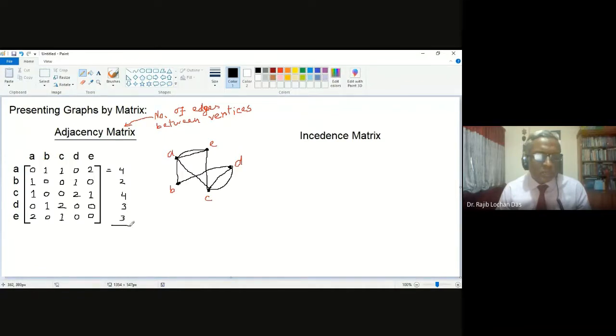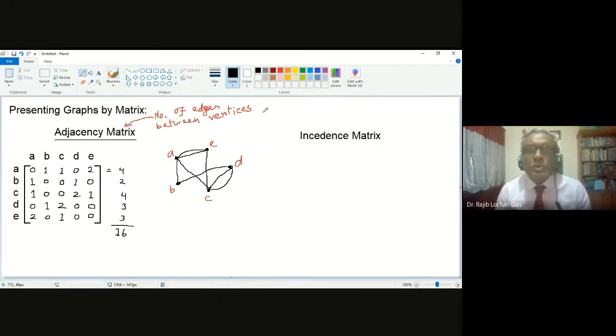So if you add up all together, it will be 16, right? It is 16. So this is the all summation, all the numbers added together, it is 16.